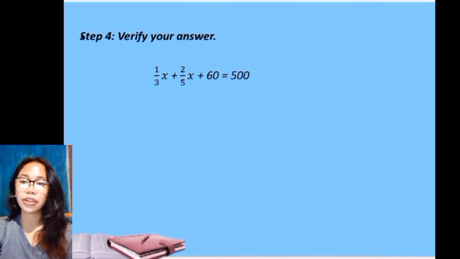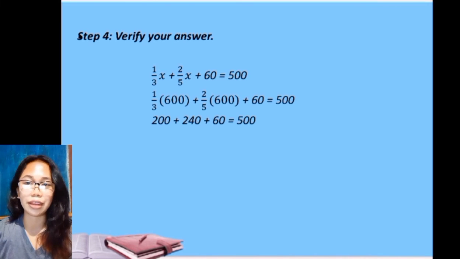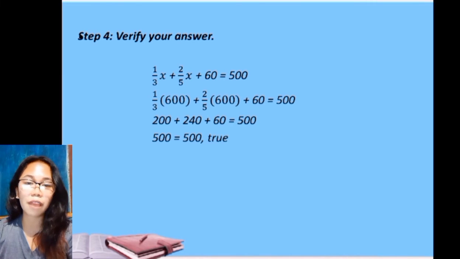The equation is 1/3 x plus 2/5 x plus 60 equals 500. 1/3 times 600 plus 2/5 times 600 plus 60 equals 500. 1/3 times 600 becomes 200, and 2/5 times 600 becomes 240. 200 plus 240 plus 60 equals 500. 500 equals 500, which is true.